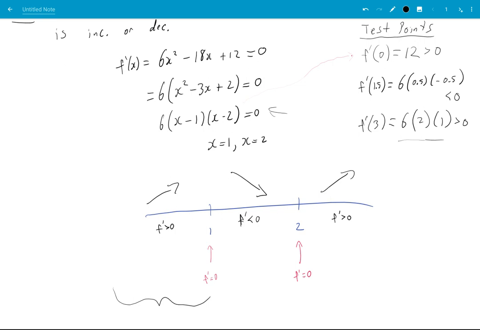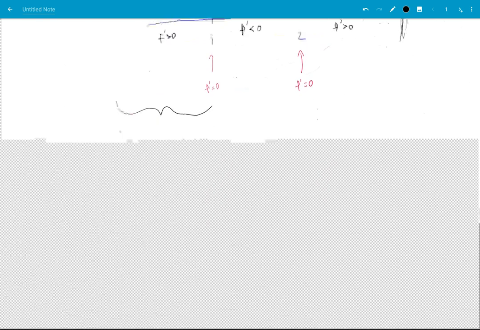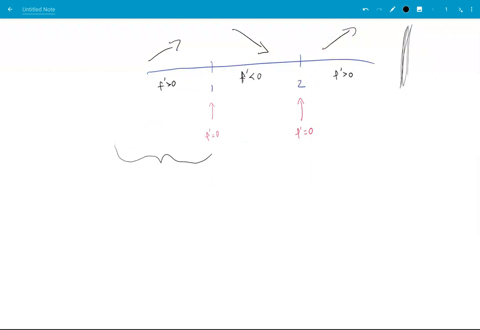This number line diagram is enough to answer the question. But if you want to write it down more formally, you can say increasing on negative infinity to 1, and also from 2 to infinity.